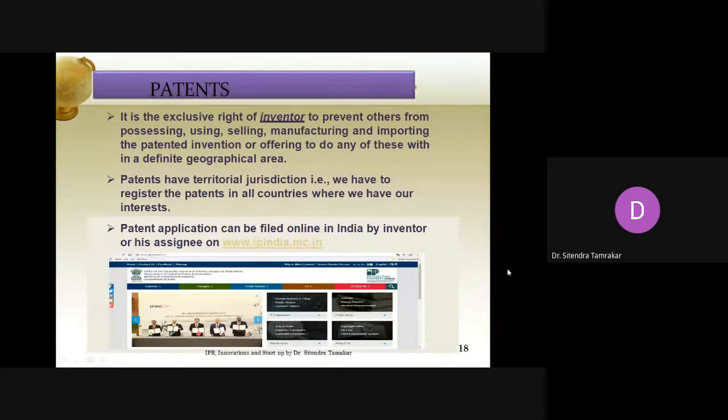A patent is an exclusive right of the inventor to prevent others from processing, selling, manufacturing, and so on. This is called territorial jurisdiction, because you need to file through your own region only. In India, you can find all the information at www.ipindia.nic.in.